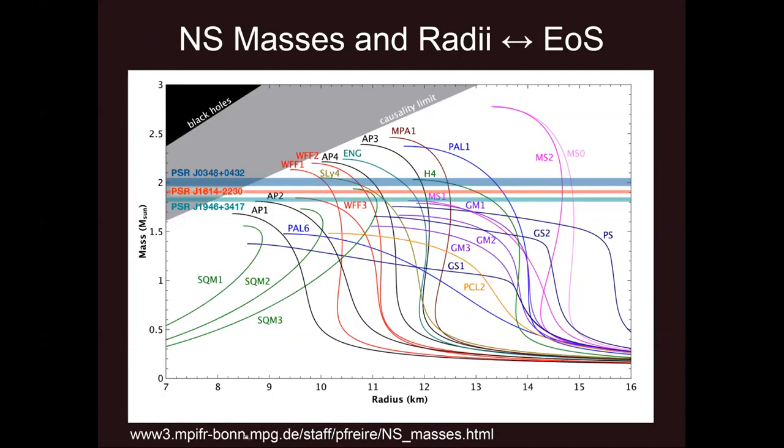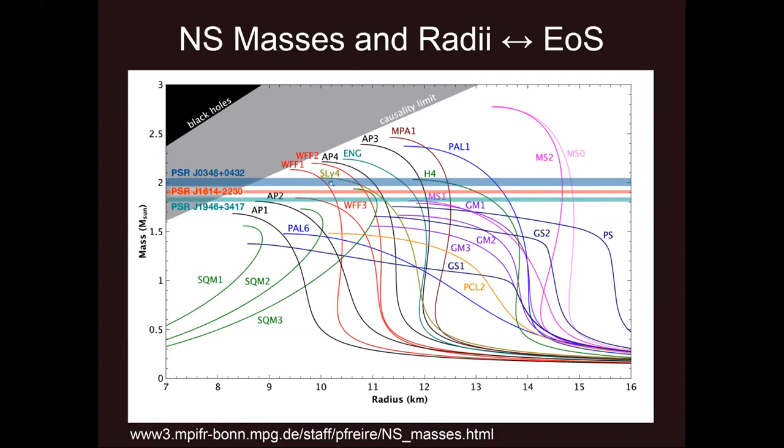And anytime there's a new measurement, they add it to this interesting plot. The lines which you see concern the different equations of state. And you see there's a broad variety, even if we can exclude those equations of state which cannot describe, with their maximum mass, the actually observed mass of this high mass 2 solar mass pulsar.